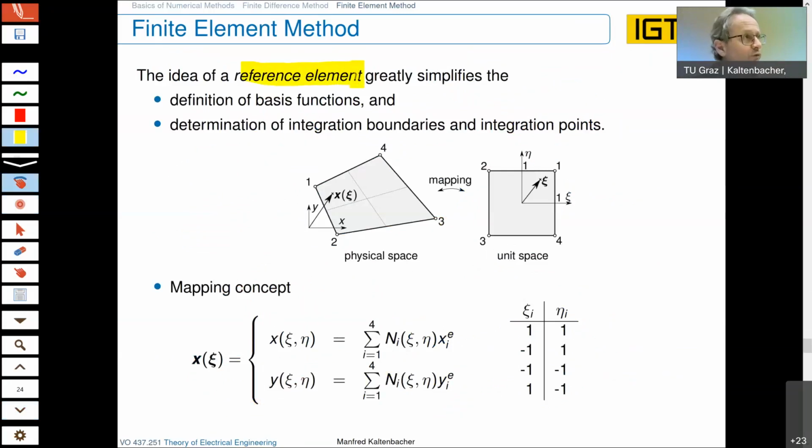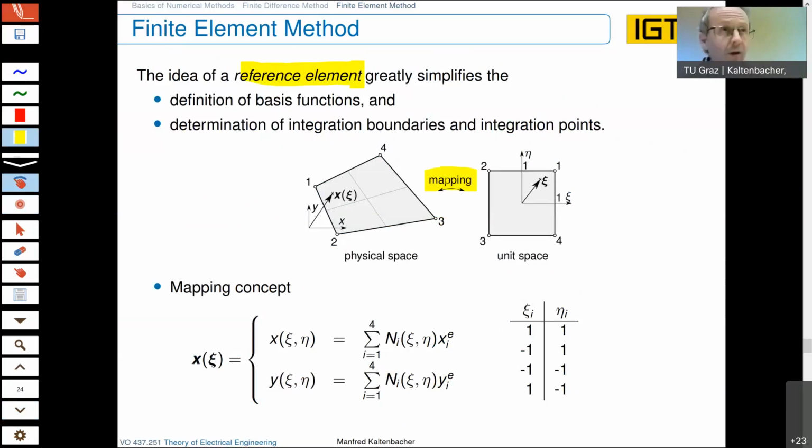That means each finite element having any shape in your computational domain will be mapped to a reference element. And this is this mapping. I will show you just the idea for a quadrilateral, but it is the same for triangles or in 3D hexahedra, whatever.